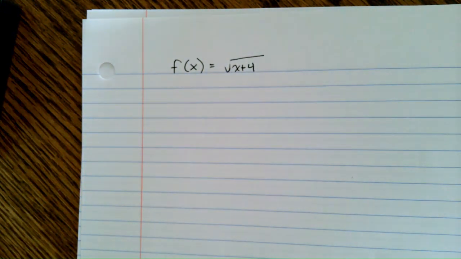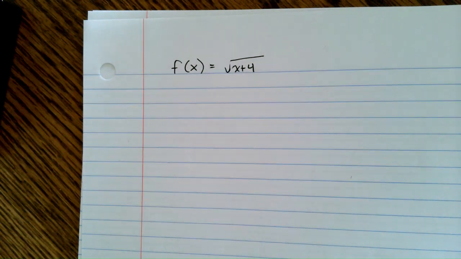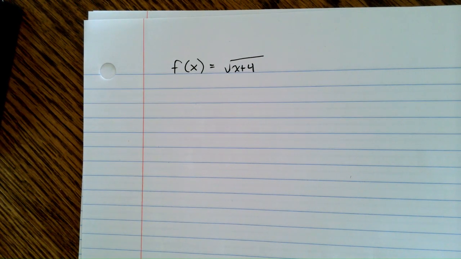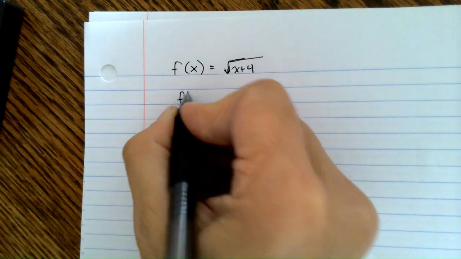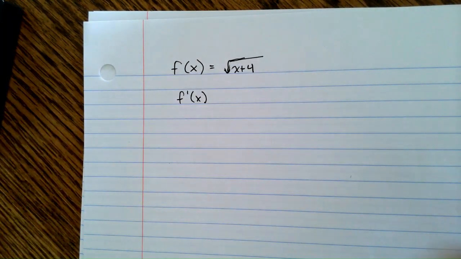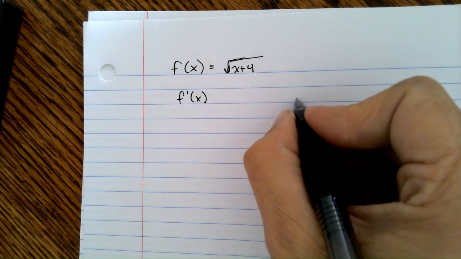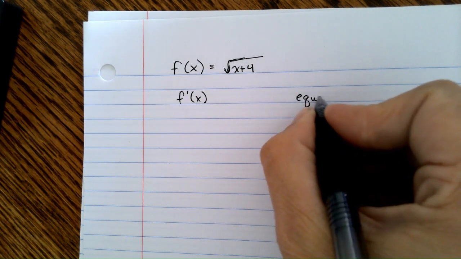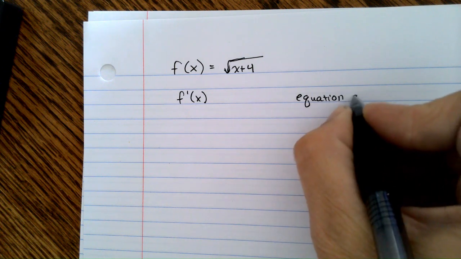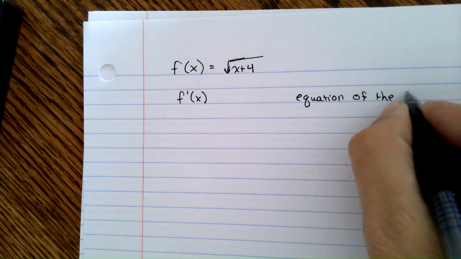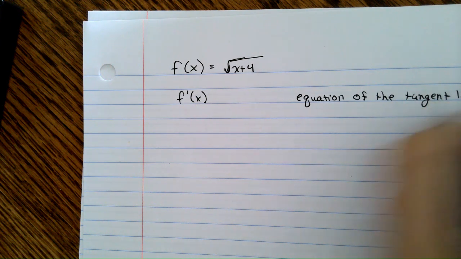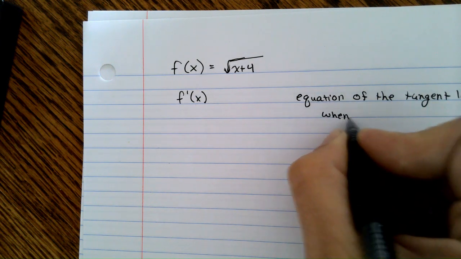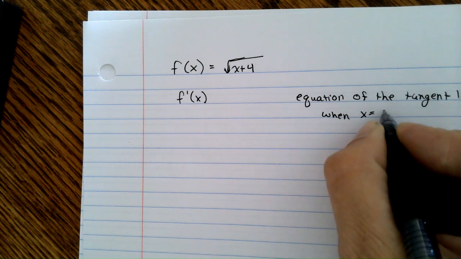In fact, we are going to carry on with this past just getting the derivative. That way, we're going to find the derivative, and we're going to get the equation of the tangent line when x equals 12.